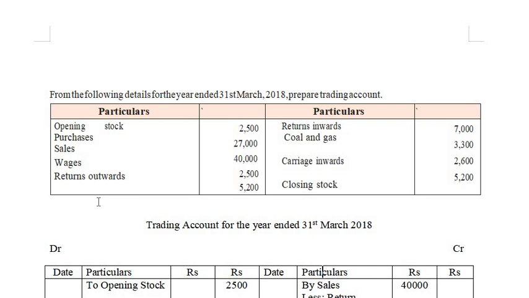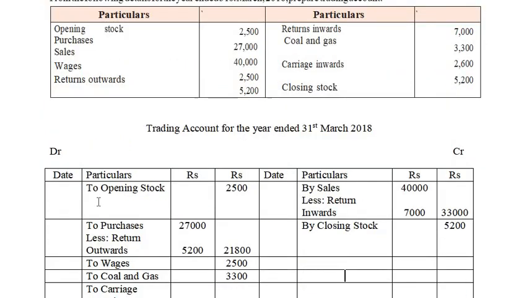You have to prepare it following debit and credit. The debit side has date, particulars, rupees, two columns, and the credit side also has date, particulars and two amount columns. The debit side you write on the left hand side, and the credit side on the right hand side.